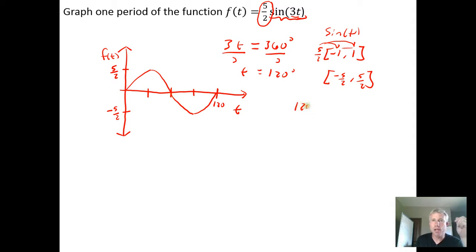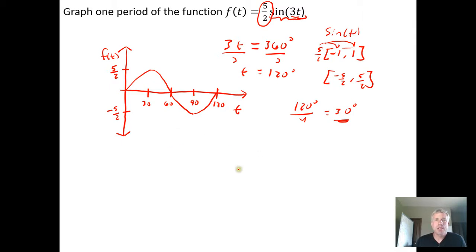So we take 120 degrees and divide it into four, and we see that 4 goes in there 30 times. So this should be 30 times 1, 30 times 2, 30 times 3, and 30 times 4. And there's the graph of f of t.